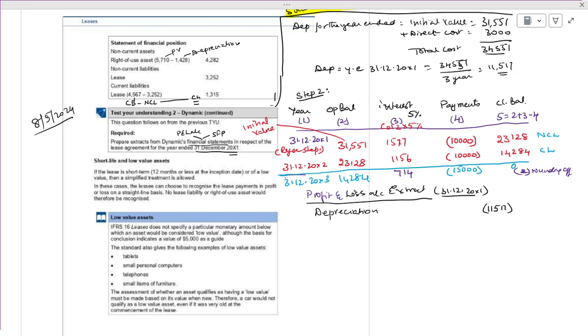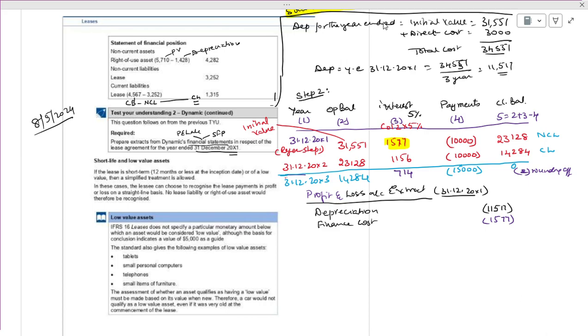Interest, finance cost. How much are we paying as finance cost in the year ended 31st December? 1577. That much only we have to show. Is it right?